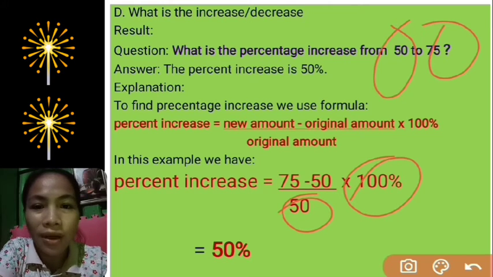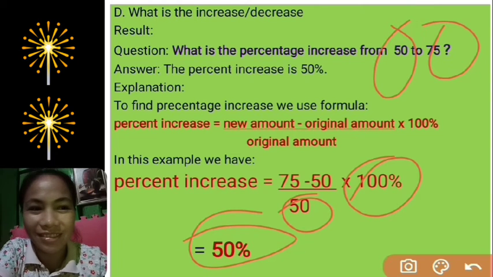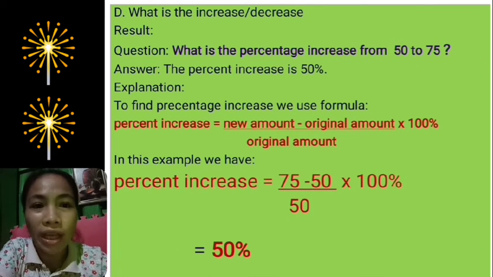So 75 minus 50 divided by 50, times 100 is equal to 50%. That's for the increase.